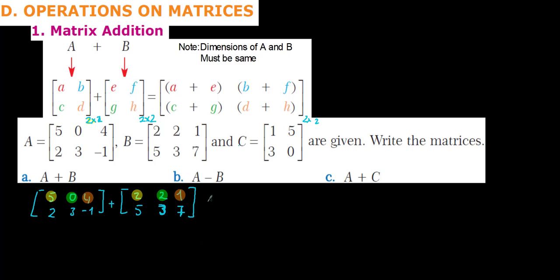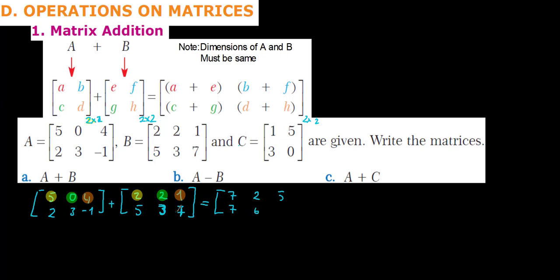Let's do the same thing here. 5 with 2, 5 plus 2 is equal to 7. 0 plus 2, it's equal to 2. 4 plus 1, it's equal to 5. 2 plus 5, it's equal to 7 again. 3 plus 3, it's equal to 6.